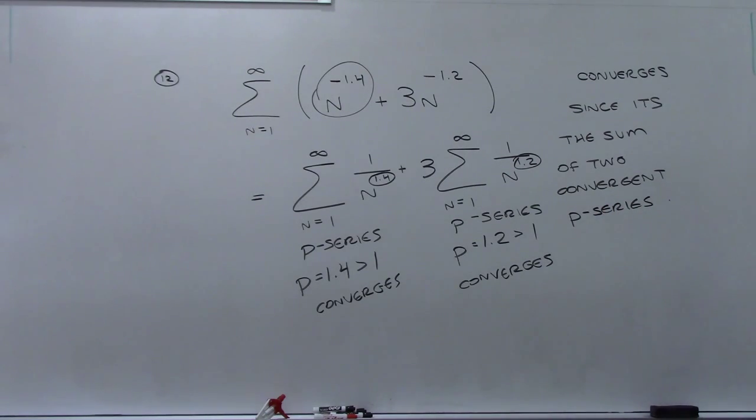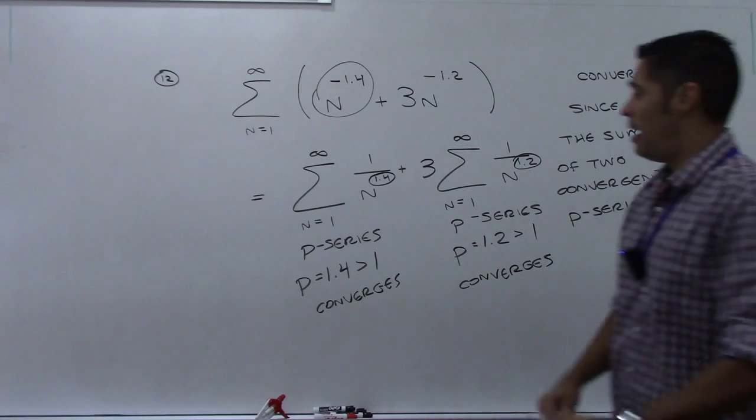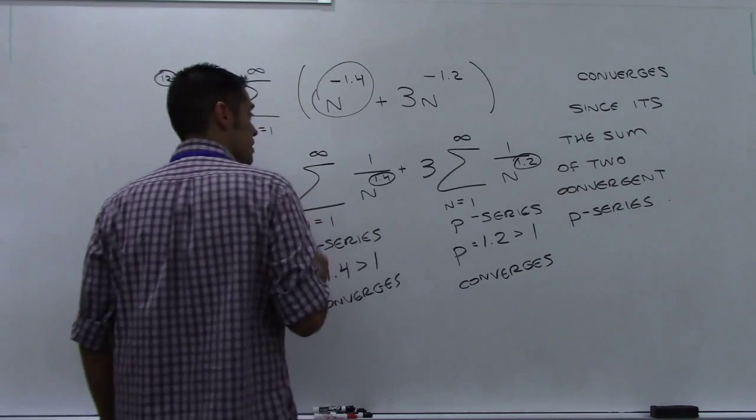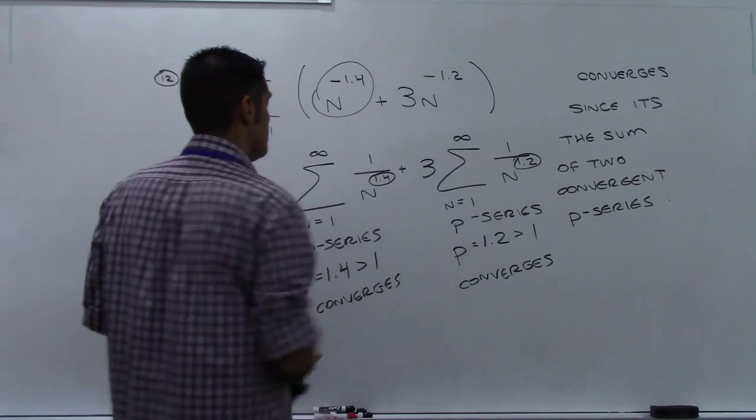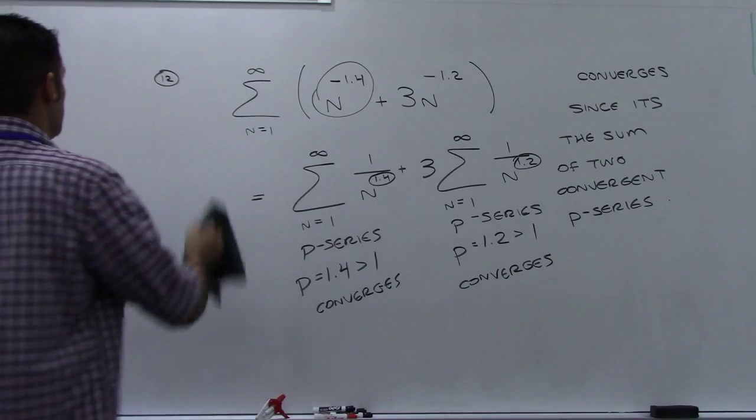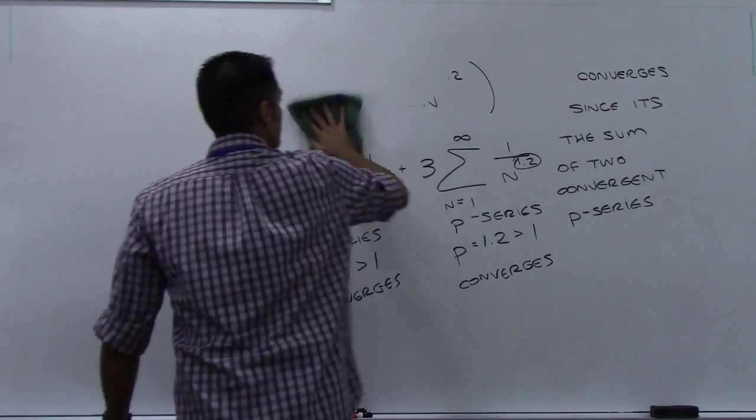There. So again, notice I'm stating my conclusion clearly. I'm stating why I'm drawing that conclusion. I have two convergent p-series, and the sum of two convergent series is convergent. So that's it.